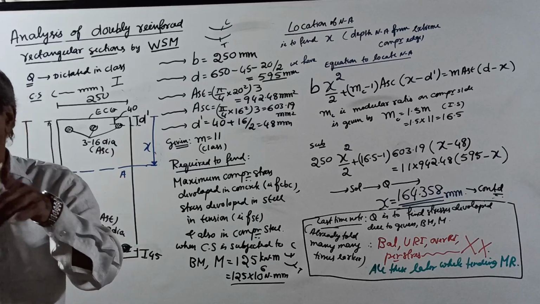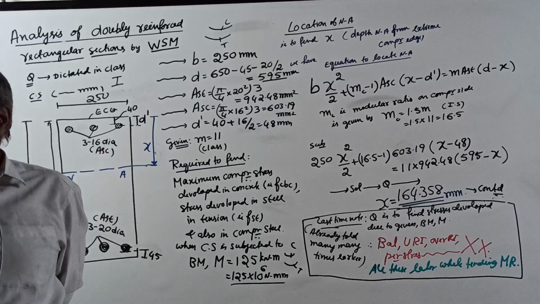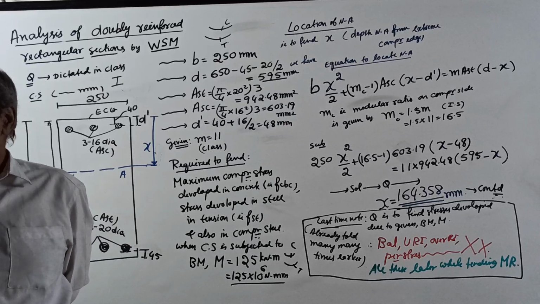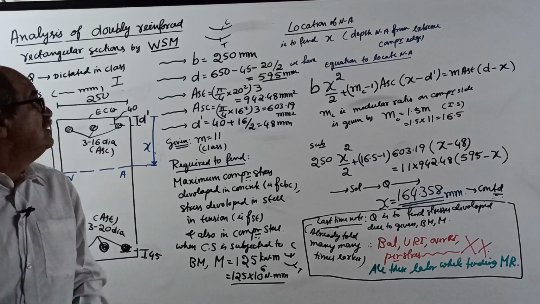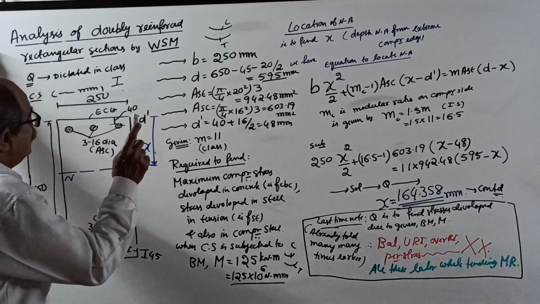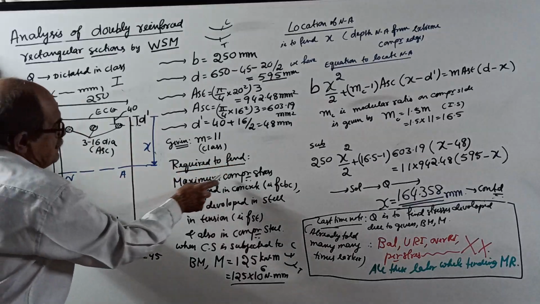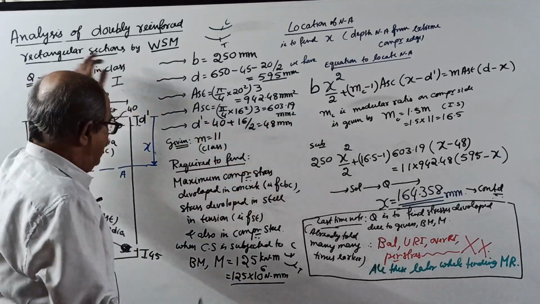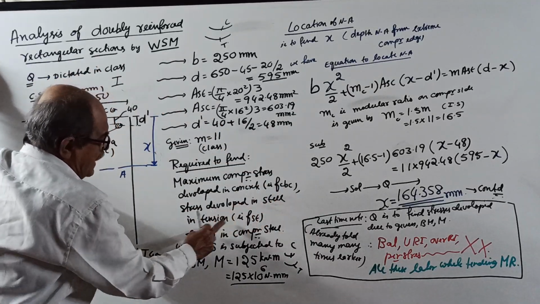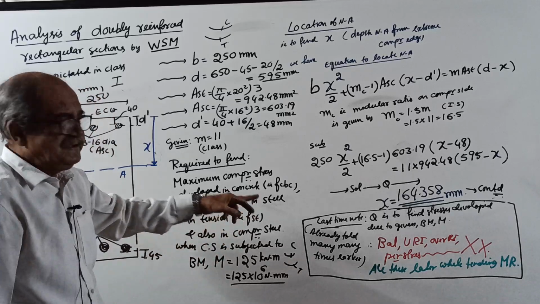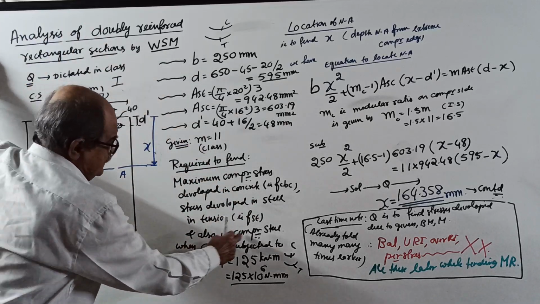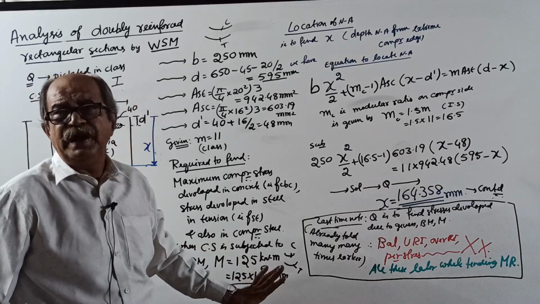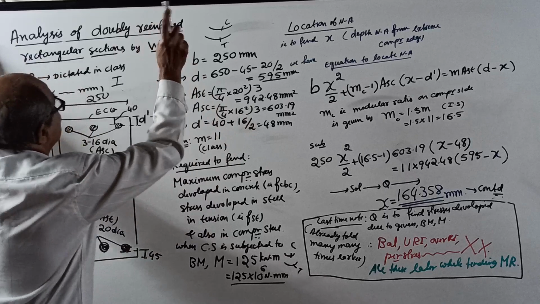Find the maximum compressive stress developed in concrete, and also stresses developed in both the steel. So required is the maximum compressive stress in concrete, fcbc, the stress in tension steel, fst, and also the stress in compression steel when the cross section is subjected to this bending moment. Okay, now start as usual.